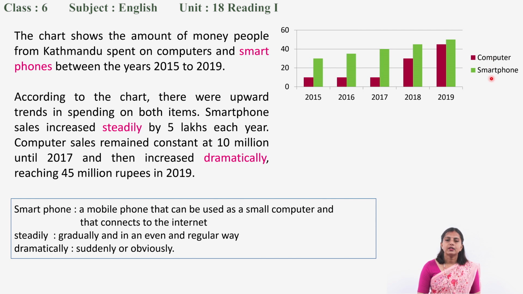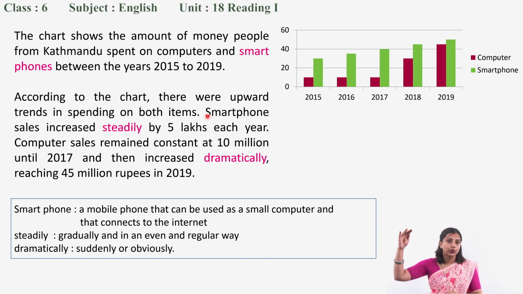Computers and smartphones. The green one is for smartphone and the red one? Yes, it's for computer. And what is the time? 2015 to 2019. So this chart shows the expenditure made on computers and smartphones by the people of Kathmandu. According to the chart, there were upward trends in spending on both items.